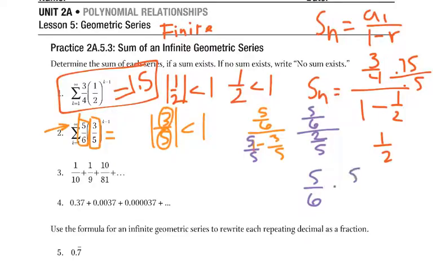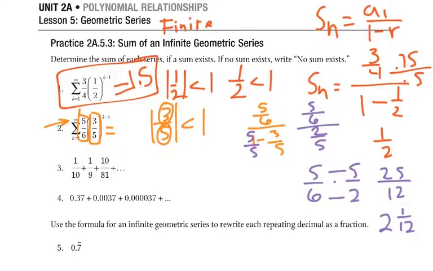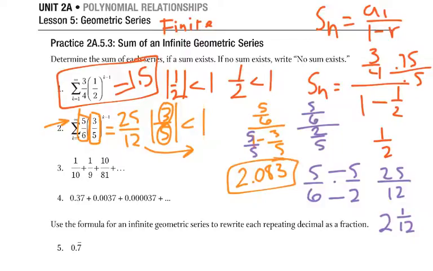So 5/6 times 5/2, we'd get 25/12, which would be like 2 and 1/12. Or we could just use a calculator, which would give us a decimal of 2.083 repeated. So we could write it 25/12 or 2.083 repeated. The 3 is repeated.